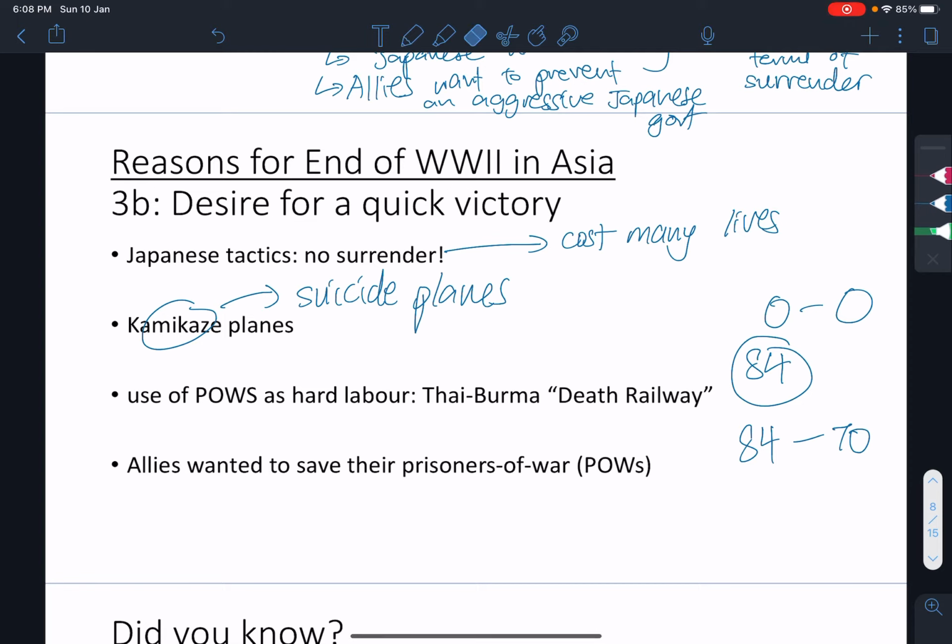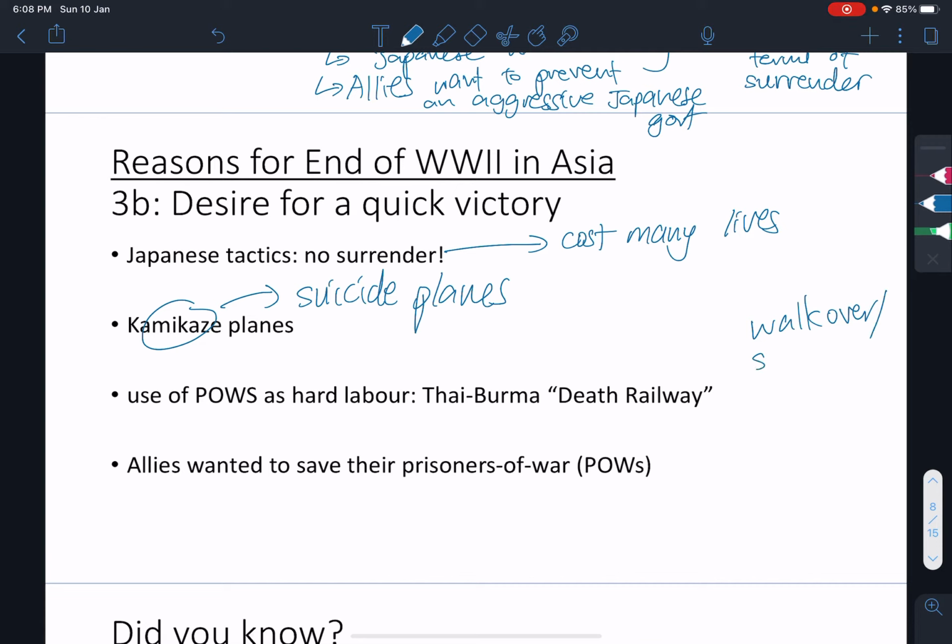Or let's say in other sports, you know that you're down so much and there's no time to come back, you will just surrender, right? It's a walkover. If there is a walkover, or you surrender, what does it do? It means that you save lives, right?